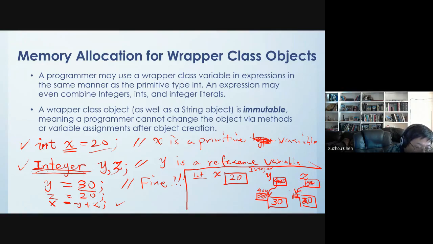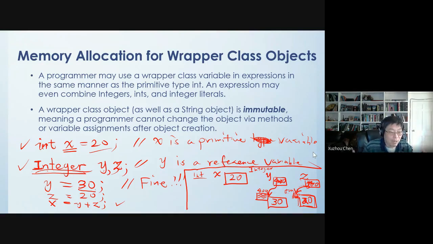If that reference location is 500, then the actual value stored in Z is 500, but this 500 is a reference. So Z points to memory location 500, which stores the value 20. So in this case, Y and Z are the reference variables.